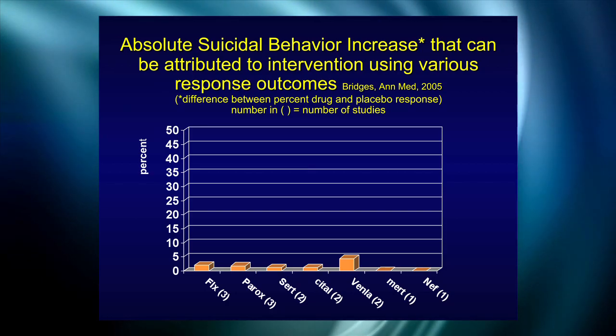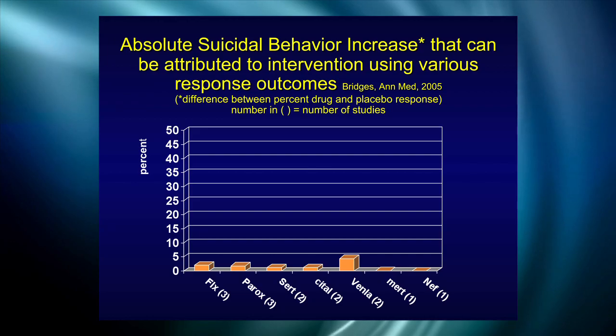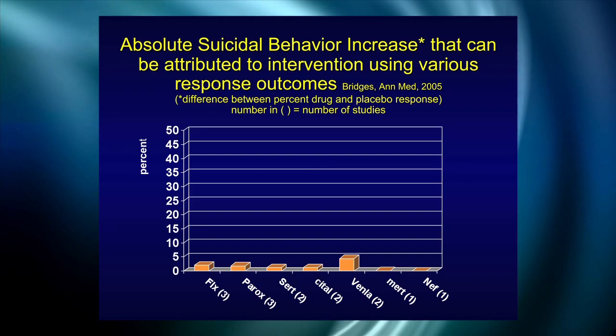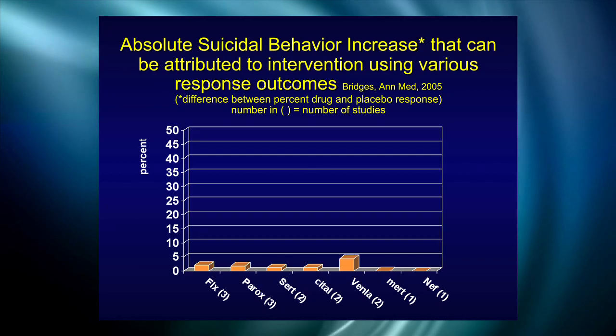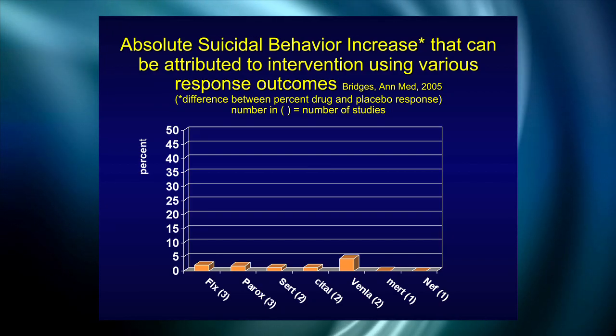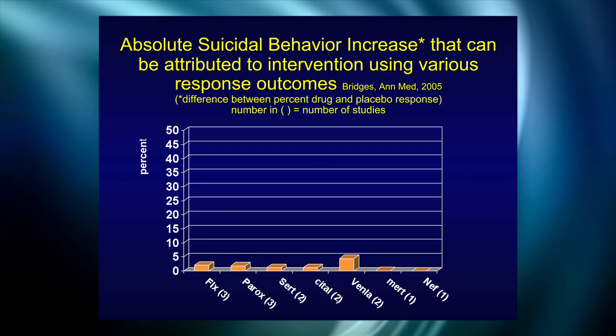There were these tiny little rates of suicidality. And so it sort of came down to about 4% of kids in drug trials had spontaneous reports of suicidal ideation versus 2% in the placebo group. And that was, over the course of the trials, significantly different. So that's the first thing.